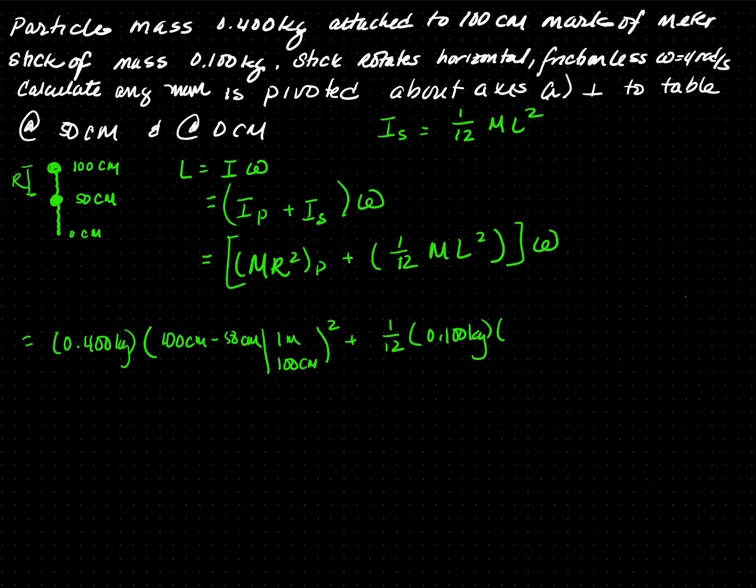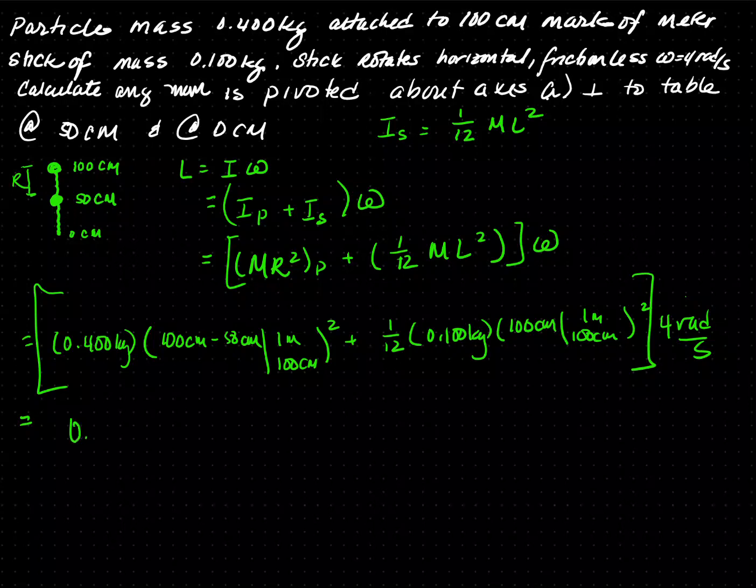The length of the meter stick is 100 centimeters. That needs to be converted. So that's 100 centimeters to 1 meter. It has to be squared. The entire thing needs to be multiplied by omega, which is 4 rads per second. This equals 0.433 kilograms meters squared over second squared.